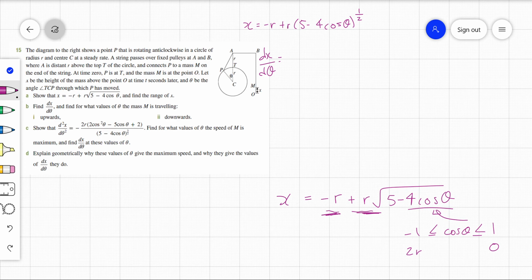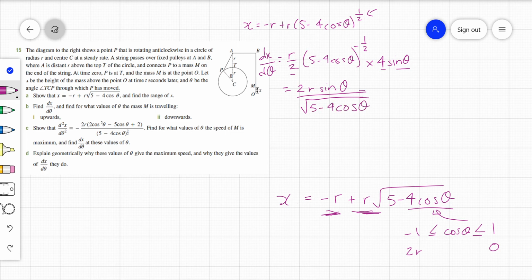So I have to use the chain rule, so this power of 1/2 comes down to the front, so I've actually got 1/2 R, and then the bracket to the power of -1/2, times, now go inside that bracket and differentiate, so minus 4 cos theta becomes positive 4 sin theta. Okay, so if I were to write that nicely, I've got a 4 here divided by a 2 over here, so that's a 2, and the R's on top, and this sin theta is on top. So 2R sin theta all over, this will be negative power, so it's at the bottom, and power of a half, so it's square root 5 minus 4 cos theta there.